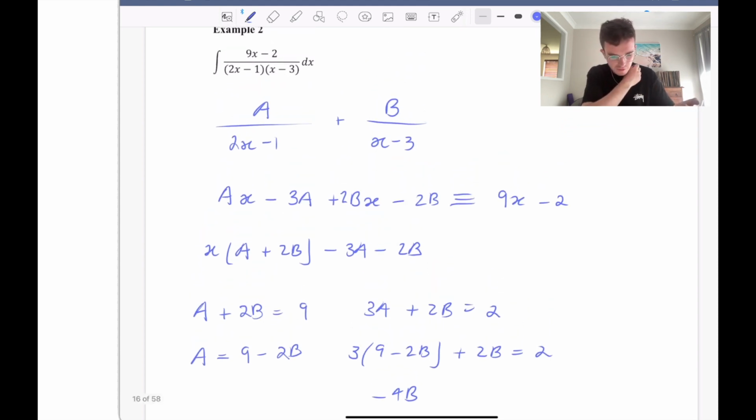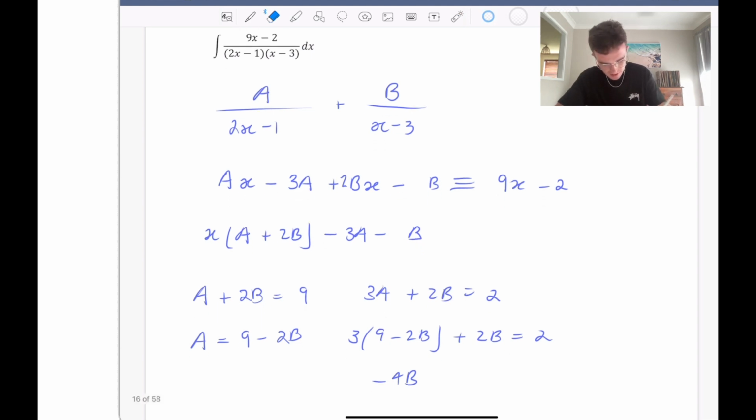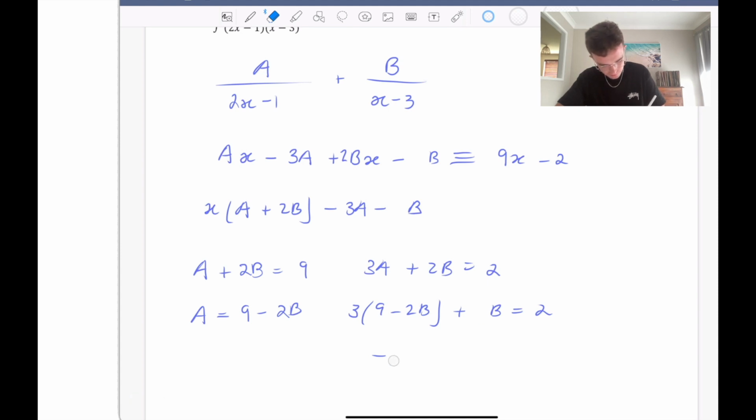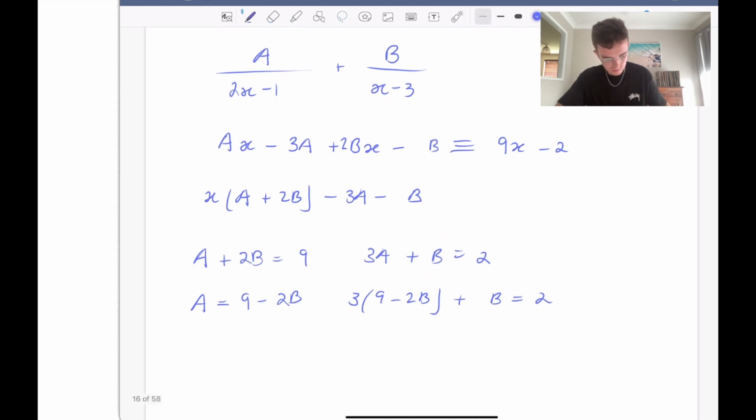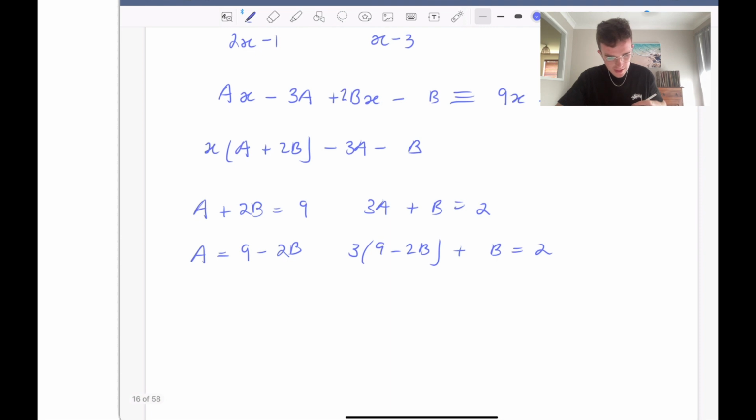Generally, if it's a fraction, sometimes something's gone wrong. But let's just double check. I like to double check if I get a fraction. So ax minus 3a plus 2bx minus b, I have made a mistake. That's going to be minus b there, not minus 2b.